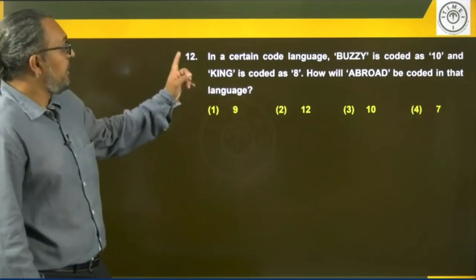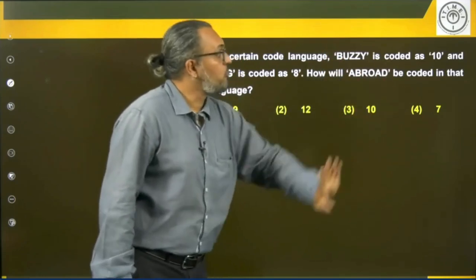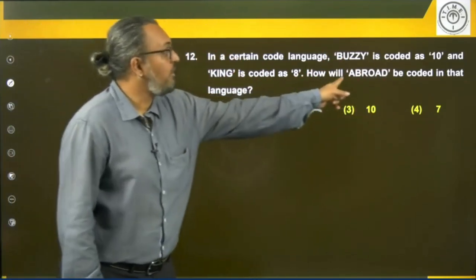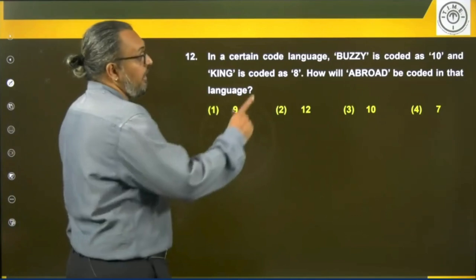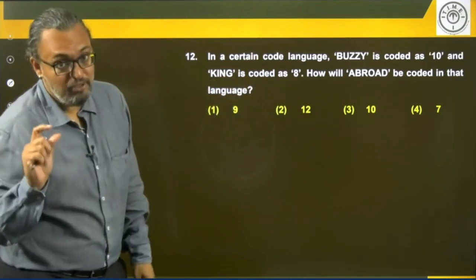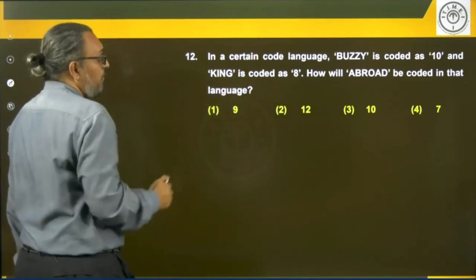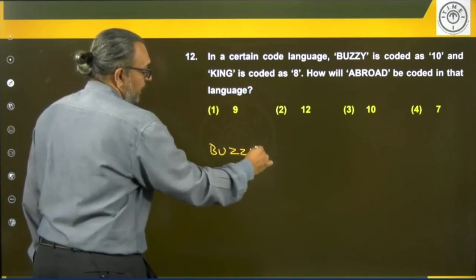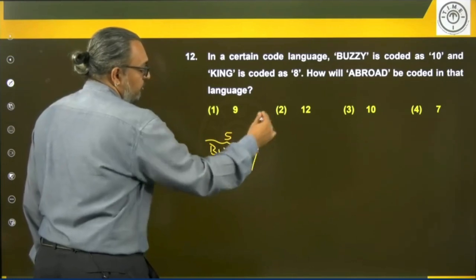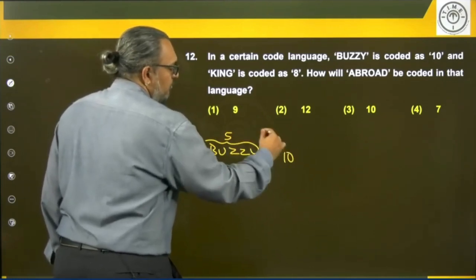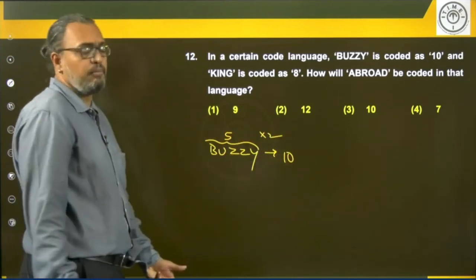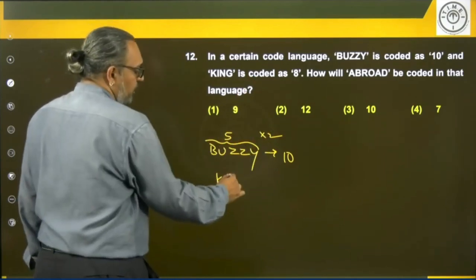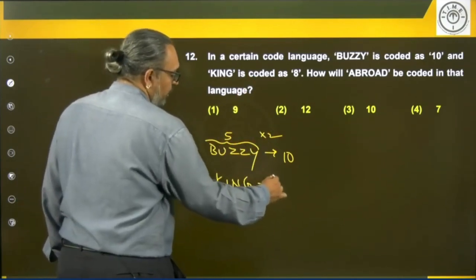Then, in a certain code language, Buzzy is coded as 10 and King is coded as 8. What is abroad? Now again, look at it. It's not about the place values. Buzzy is a 5-letter word and you have the number as 10. What has been done? Double. Now King is a 4-letter word and the number given is 8.